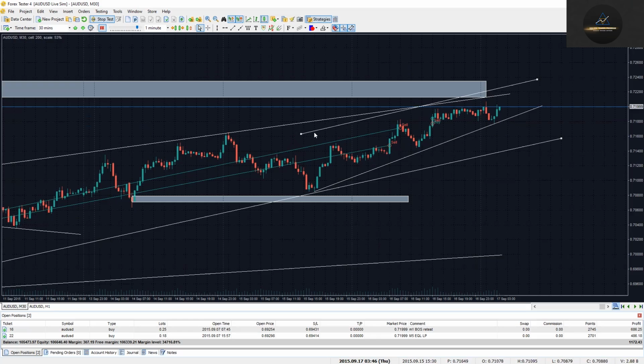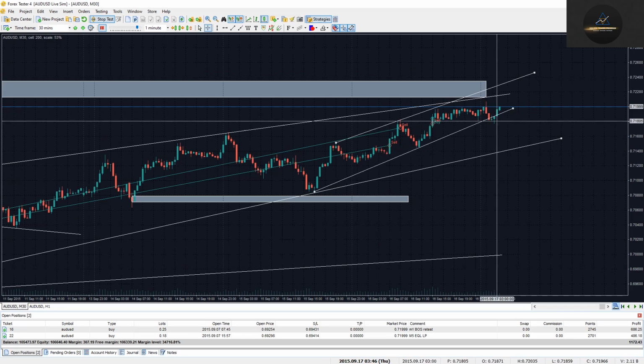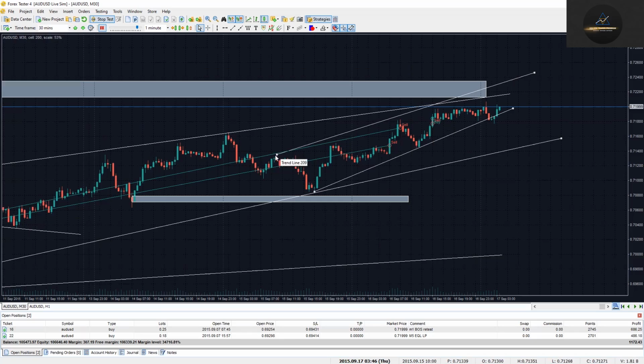Okay, so let's move it forward. 1, 2. This is just a boomerang. All right, let's just keep going.